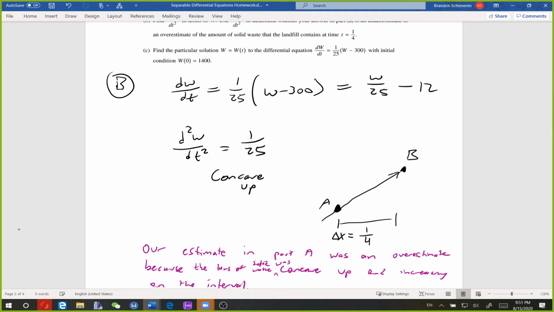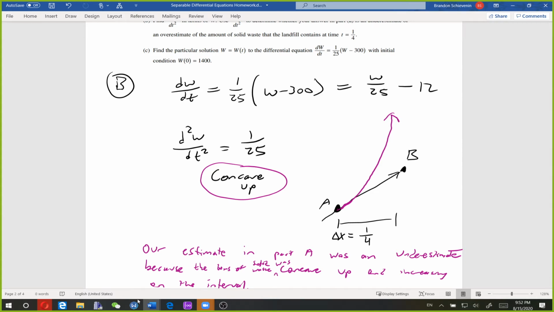Let me redraw. Our slope isn't staying the same. Our slope is going up, because our change in the slope would be my second derivative, which is positive. So my slope should be accelerating, not staying the same. My slope was here, and if I keep accelerating, I'm actually going to go up above that. Okay, my bad.